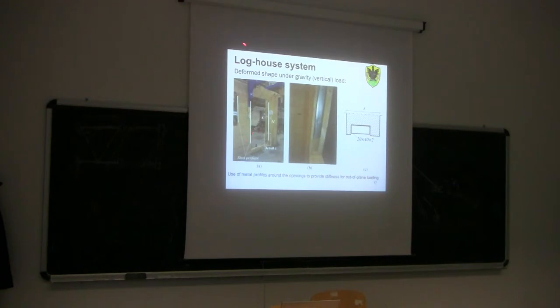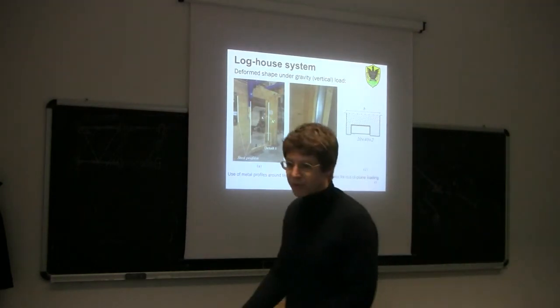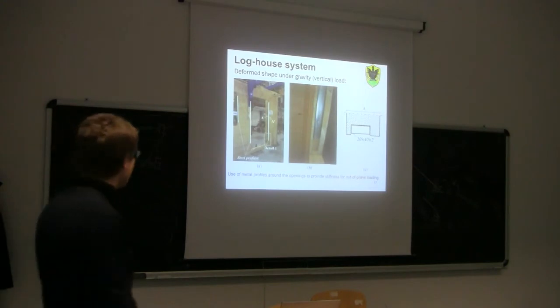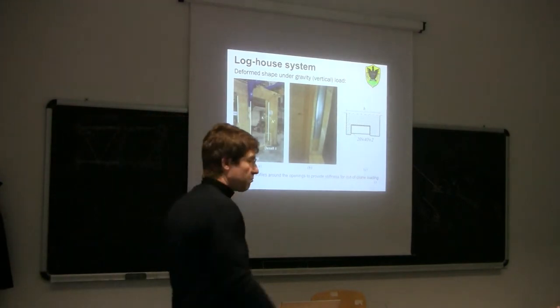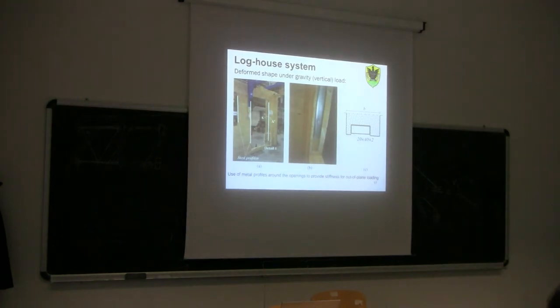Because, again, they are stressed perpendicular to the grain, and perpendicular to the grain, if you remember, the Young modulus of wood is very low. It's 1/30th of the Young modulus parallel to the grain, which is 1/3 of the Young modulus of concrete. Meaning that altogether, the Young modulus of wood perpendicular to the grain is 1/90th of the Young modulus of concrete.